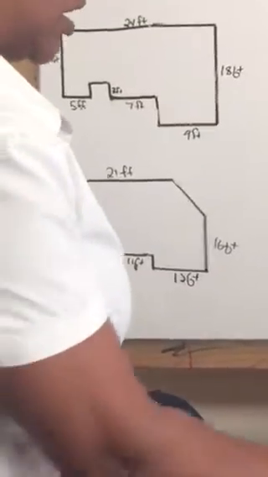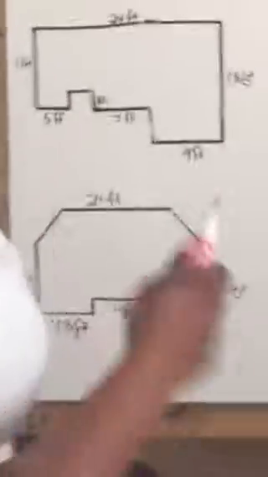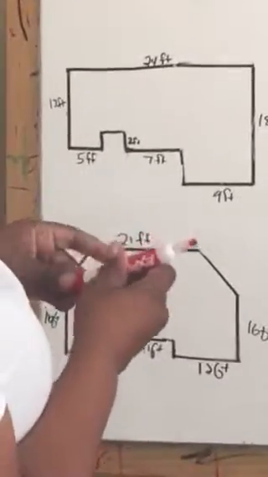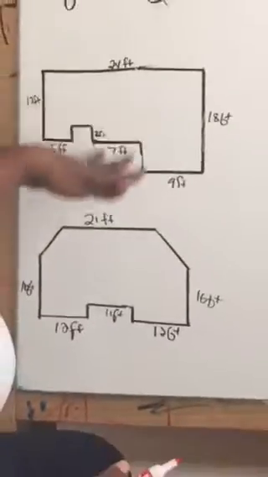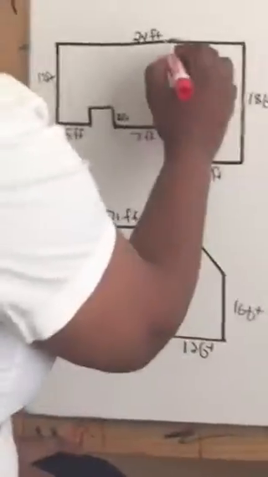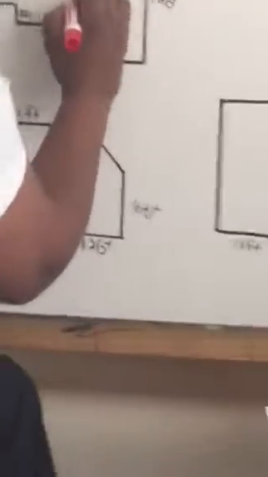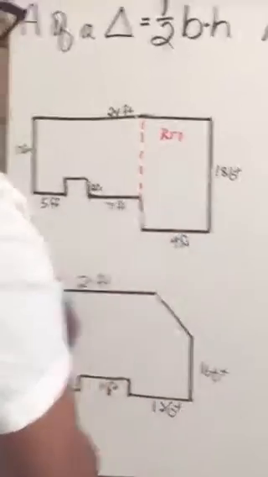Okay, so we are going to start with our first shape. We're going to just look at it, and by looking at it, I can already tell that I can change this into rectangles within itself. So I'll start with this, and I'll name this my rectangle 1.